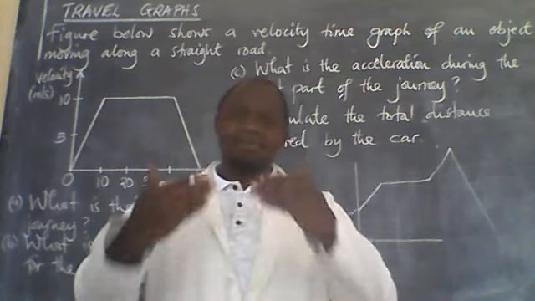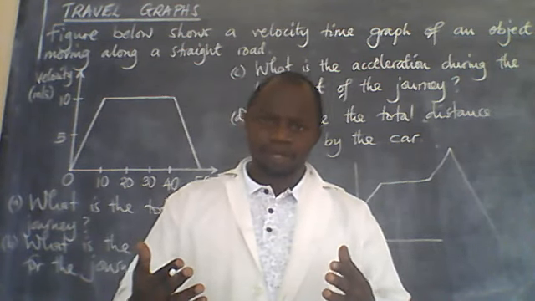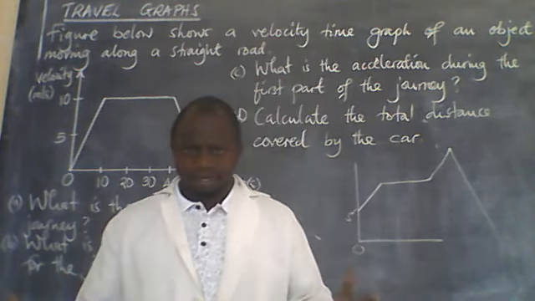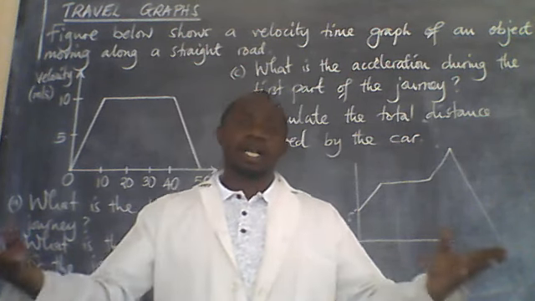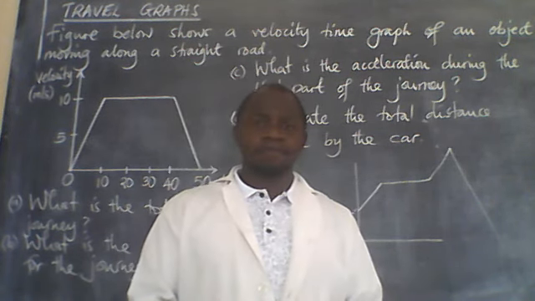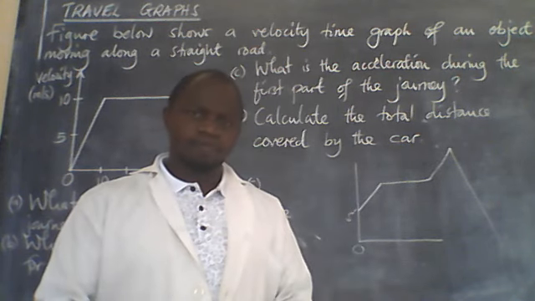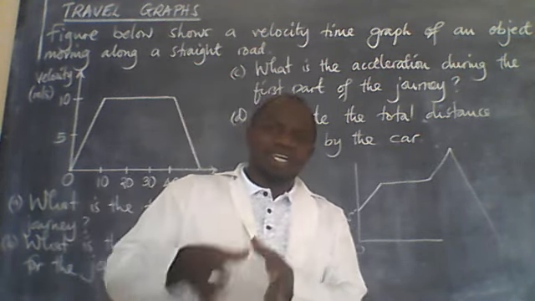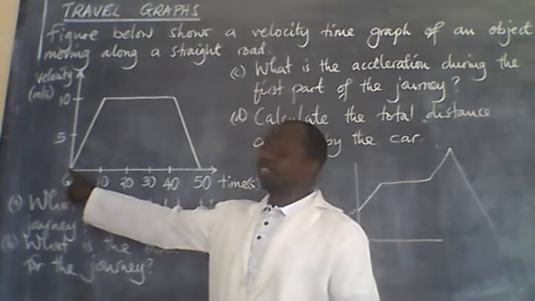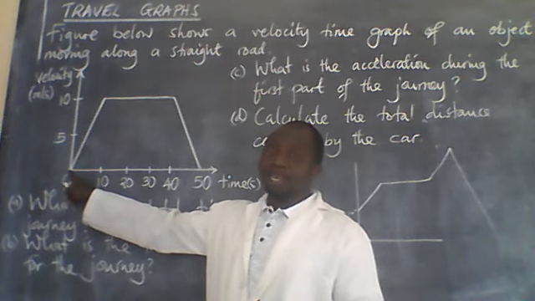Now, what does that mean, starting point? Imagine you are on a journey to Lusaka, traveling from, let's say, Kitwe. So Kitwe is your starting point. That is where we are. That's the meaning behind that.